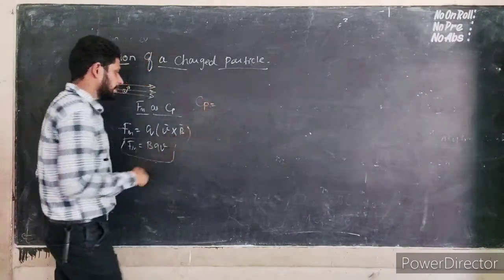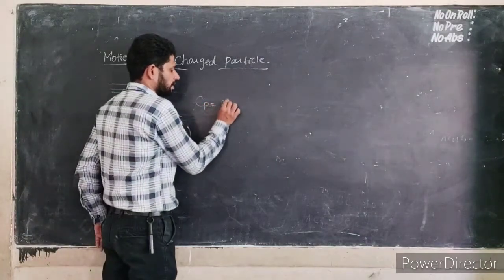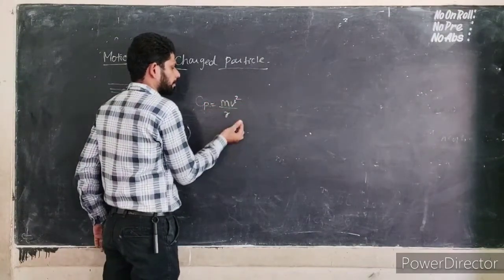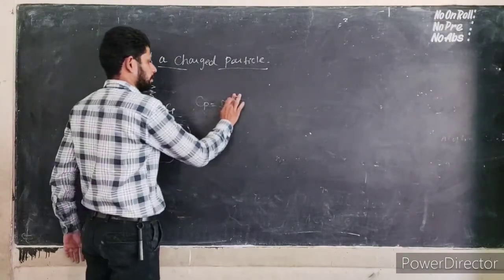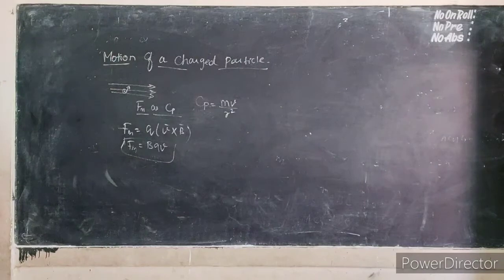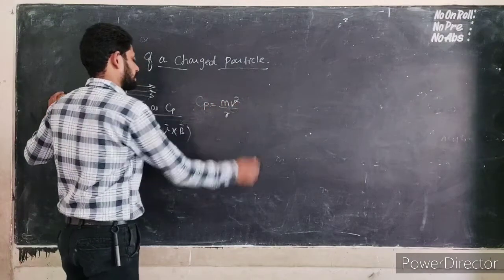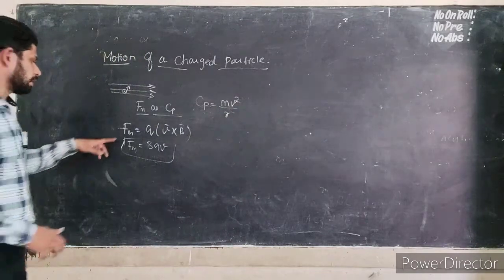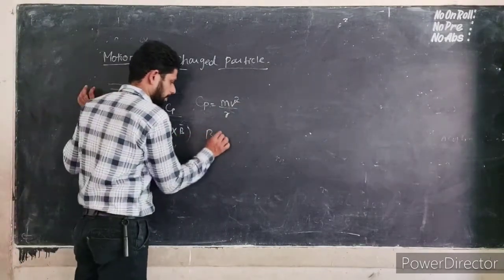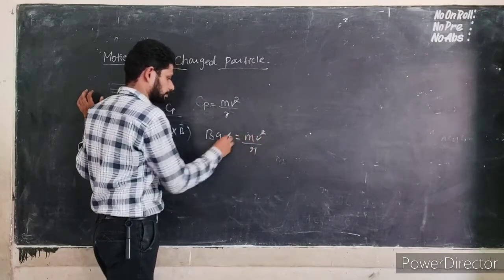That means the centripetal force exerted by the charge will be equal to the magnetic force, which is mv squared by r. Now listen, equating these two things, qvB will be equal to mv squared by r.